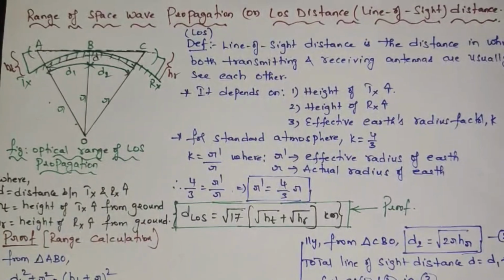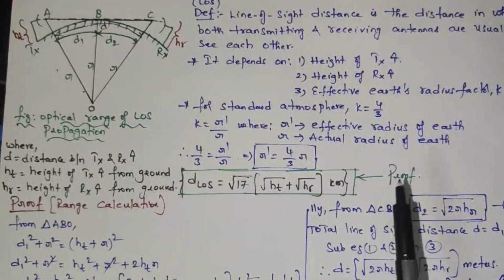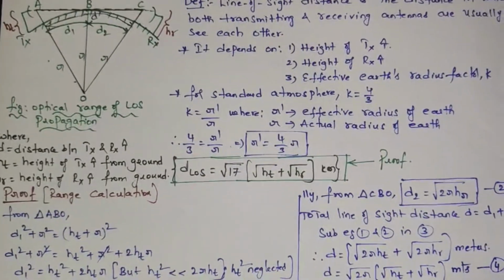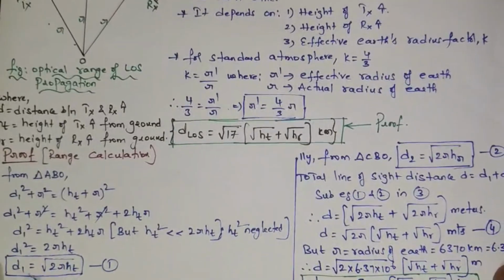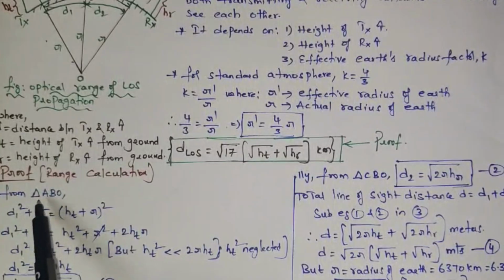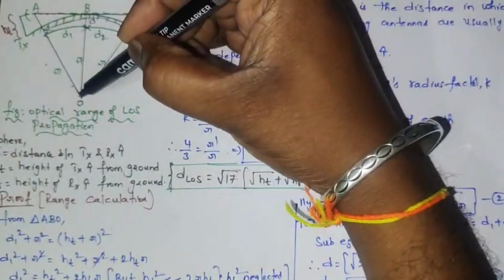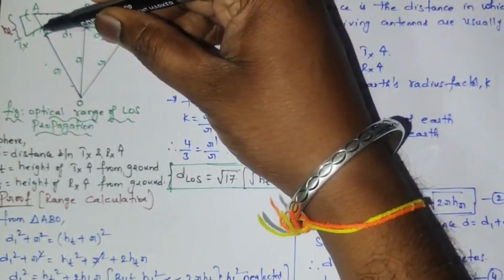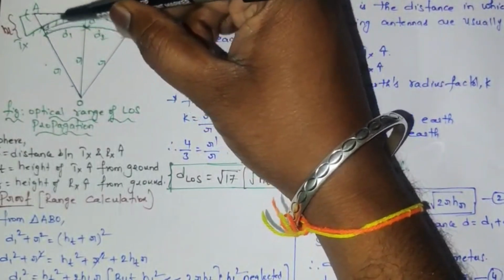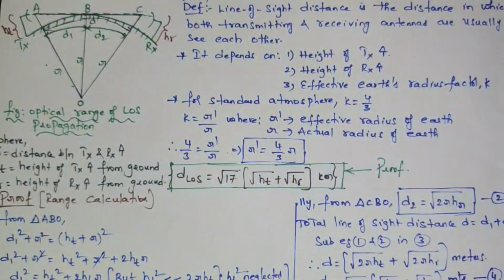Now we will go to the proof of how this root 17 of HT plus HR came. For the range calculation, consider the triangle AB naught. What does the Pythagoras theorem say? a square plus b square is equal to c square.